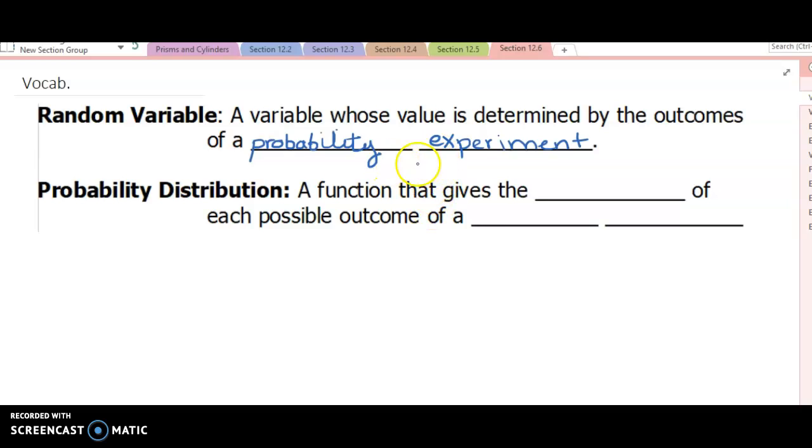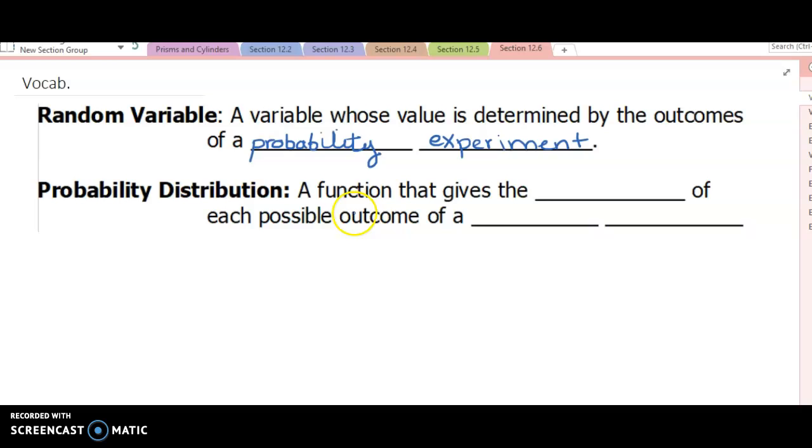Usually these will differ in probabilities, especially if you have a smaller sample size. Now, the bigger the sample size is, the closer the probability experiment will be to the theoretical probability, but until you get to that extremely large number, usually they're a little bit different.